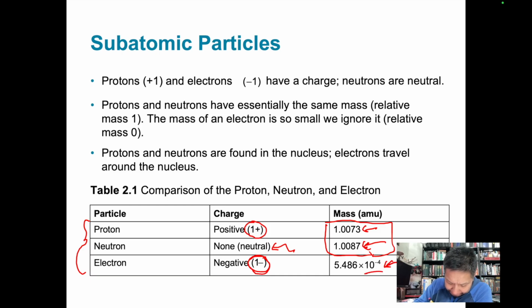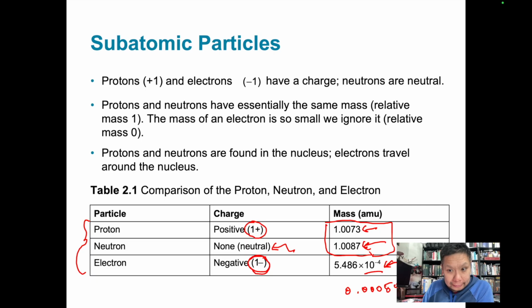They're on the order of 10 to the negative 4, so that's like 0.0005486 AMU. So super small compared to a neutron and a proton.